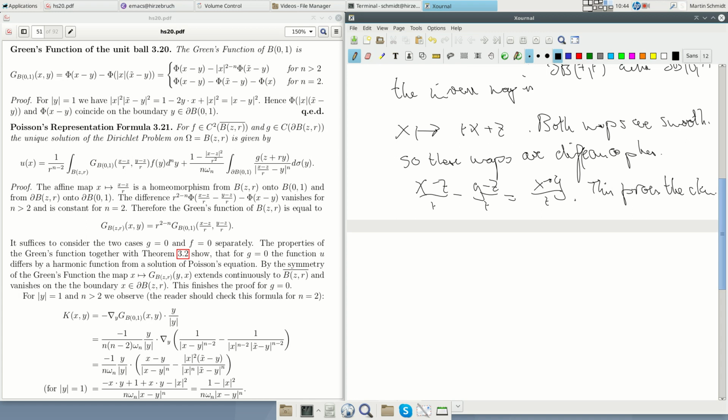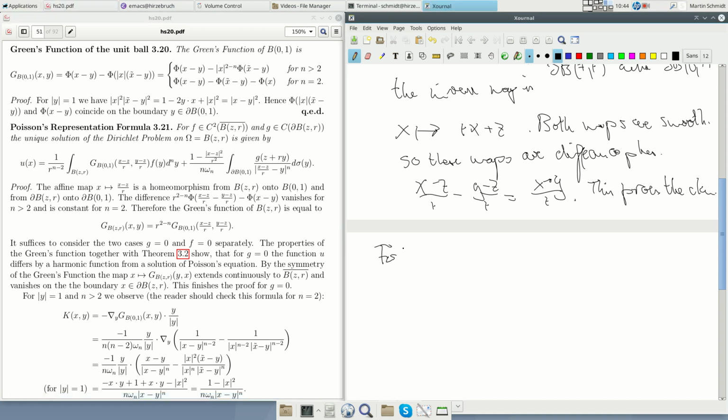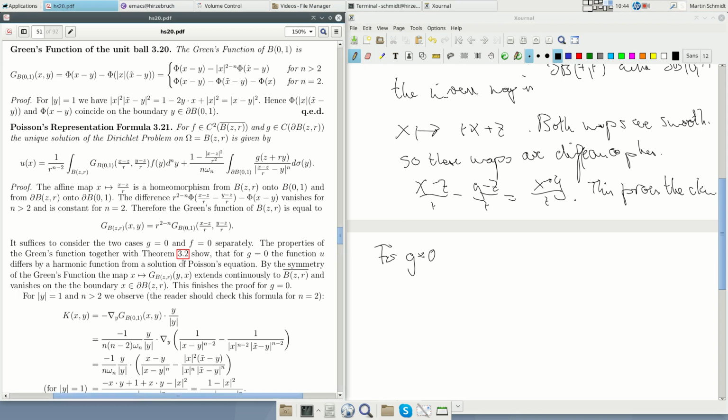Okay, so we determined Green's function. Now let's consider the case g equals 0.